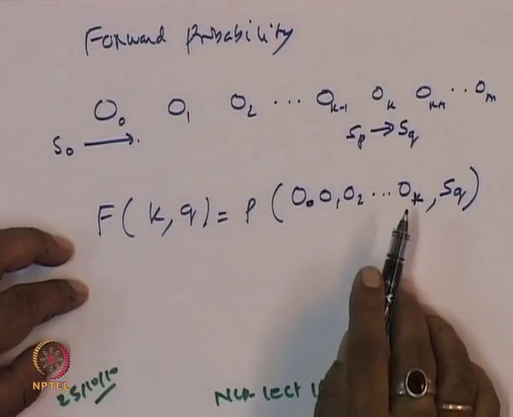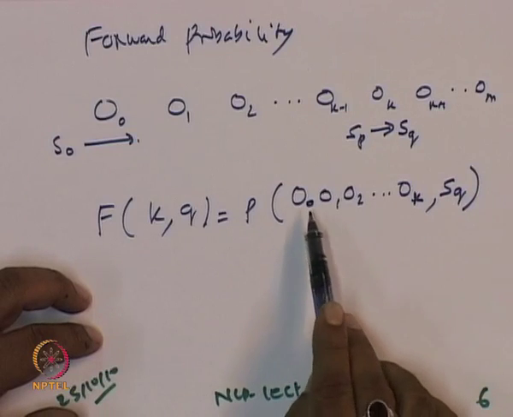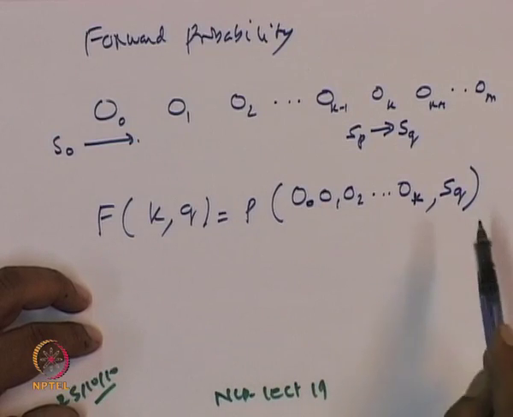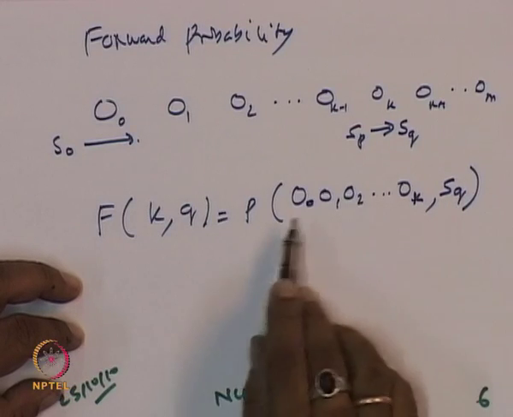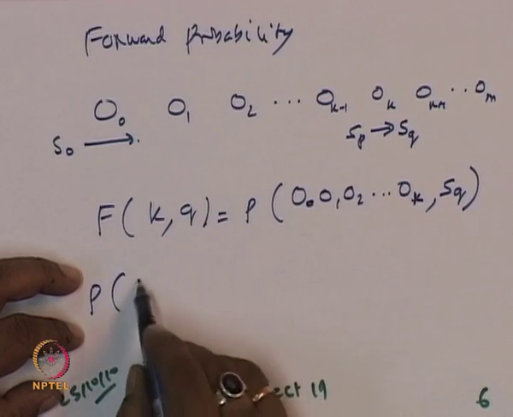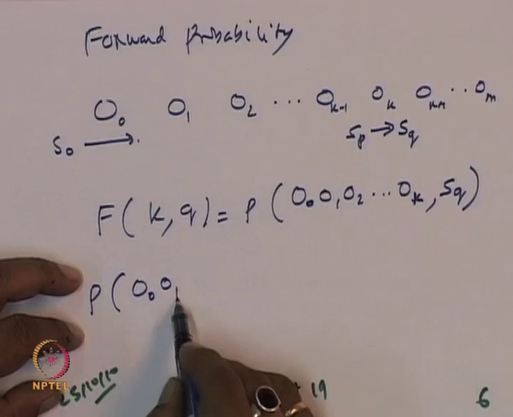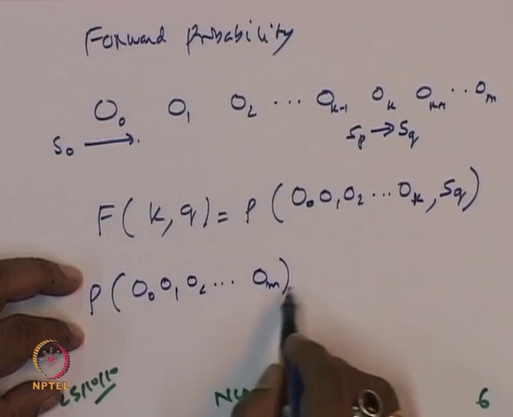This is a joint probability which expresses the fact that we have seen the sequence O naught, O1, O2 up to O k and we are in the state S q. It is quite easy now to express the probability of the whole output sequence O naught, O1, O2 up to O m.